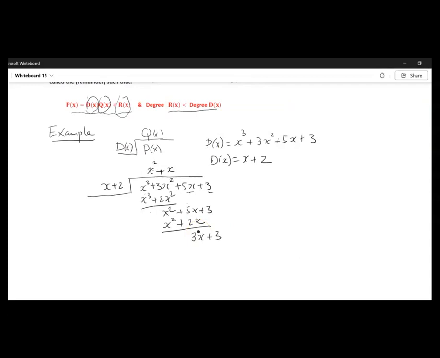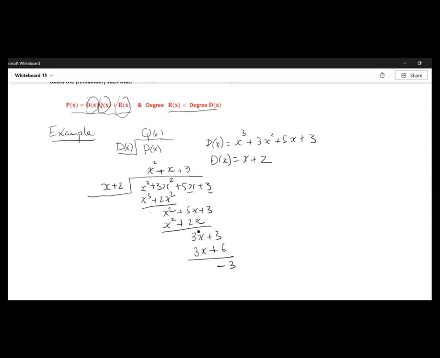And finally, we have to multiply by a number that, when multiplied by x plus 2, will give us 3x, and that number is obviously going to be 3. So we'll have 3x plus 6. And if you subtract, you'll get minus 3, and that minus 3 is the remainder.